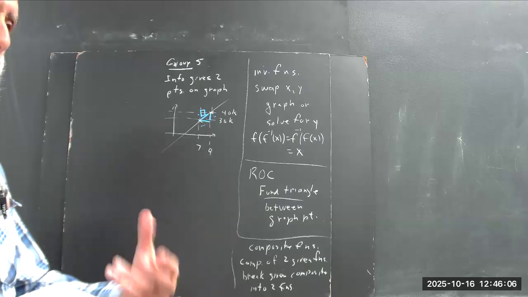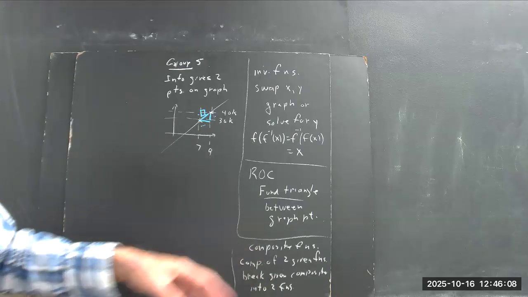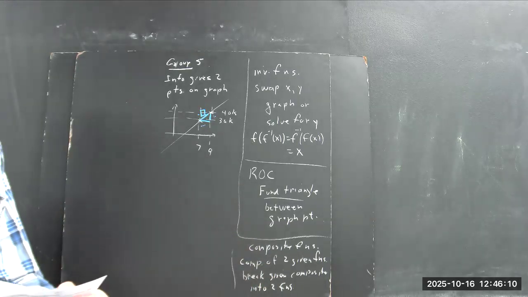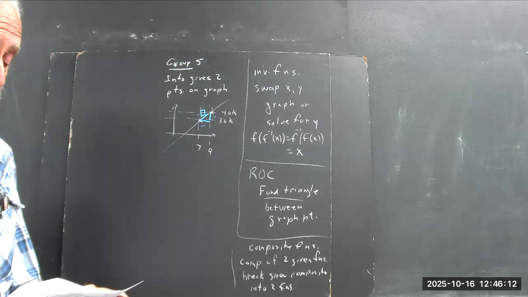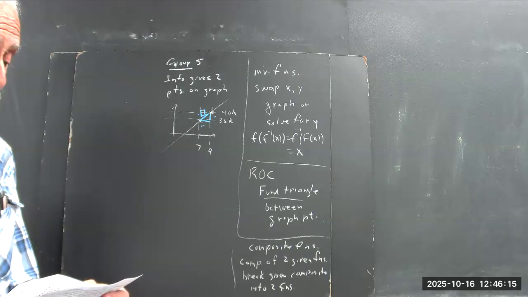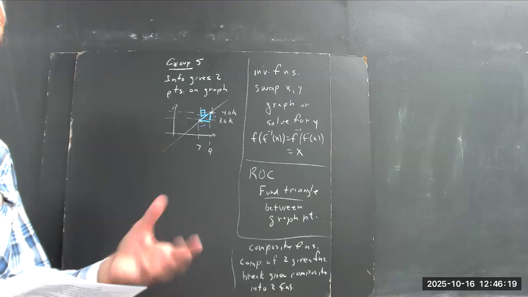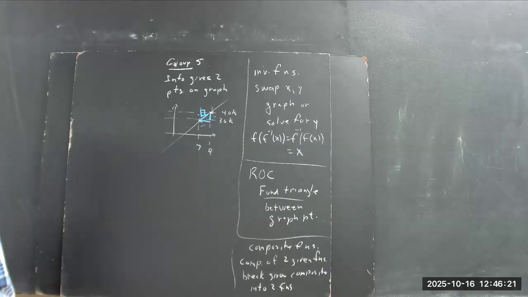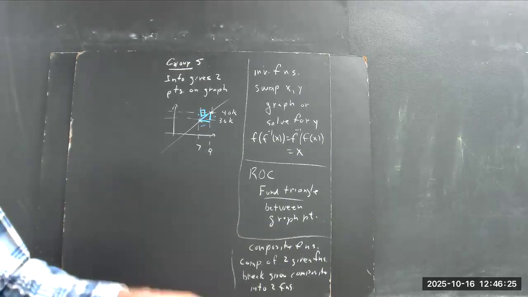You should probably have it in your notes, but if not, find it in the videos. Okay. And then explain why the slope and the average rate of change are the same, et cetera.